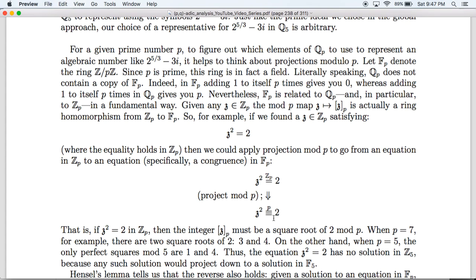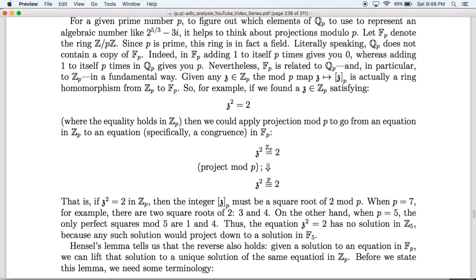But this then tells us that z squared equals 2 has no solution in Z_5 either, because if there was a 5-adic integer that satisfied this equation, we could project down mod 5 to get an integer whose square was congruent to 2 mod 5, but no integer exists.